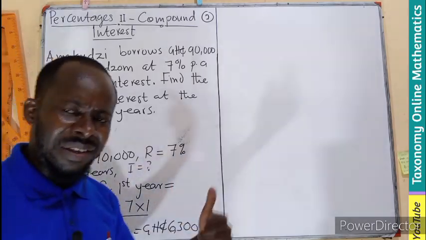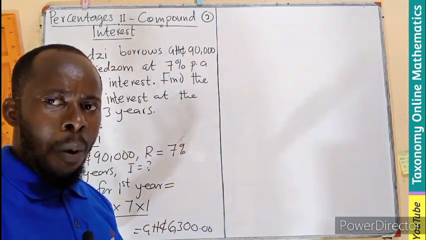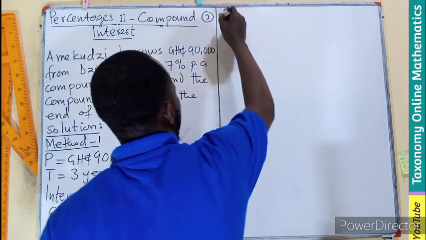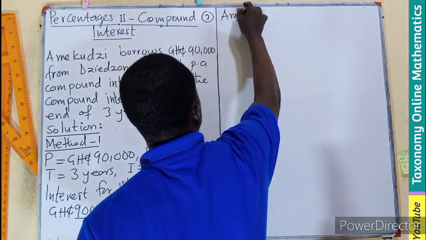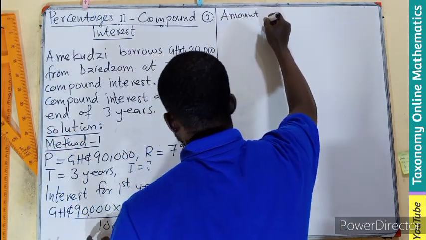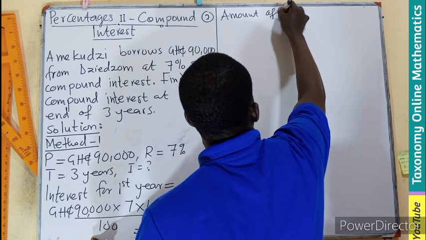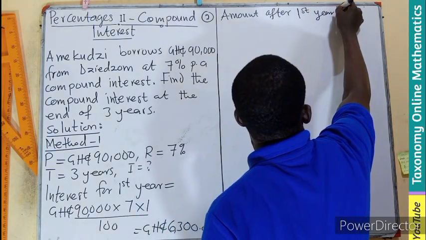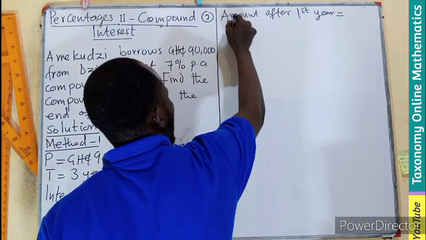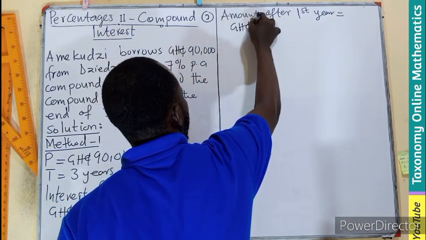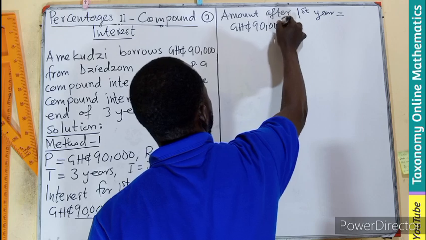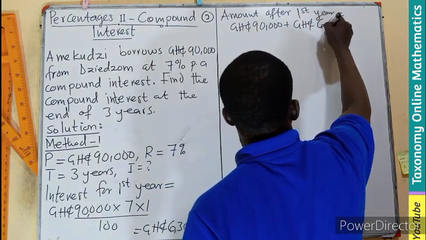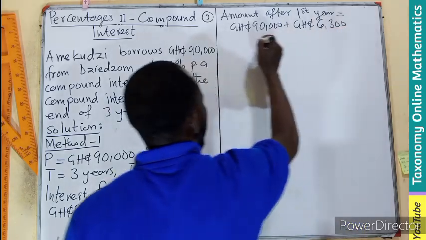What is this amount? This is the interest accrued. So we are going to compound it with the principal we had in the first year. So amount after first year, right? Amount is principal. We start with 90,000 plus the interest, the 90,000 accrues 6,300.